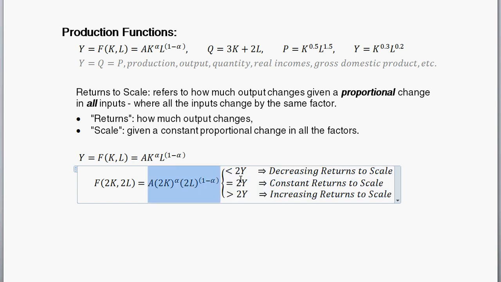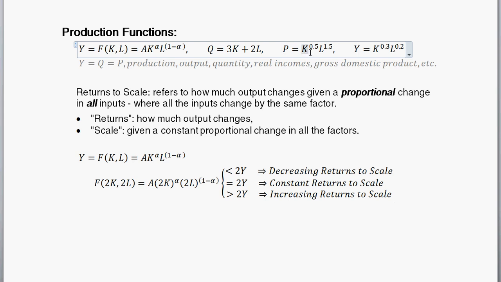If we double the inputs but get less than twice the initial output, we refer to that as diminishing returns to scale. And if we double the inputs and get more than double the output, we refer to that as increasing returns to scale. So let's do a couple examples, in fact all four of these examples, and discuss what happens. Starting off with this production function.